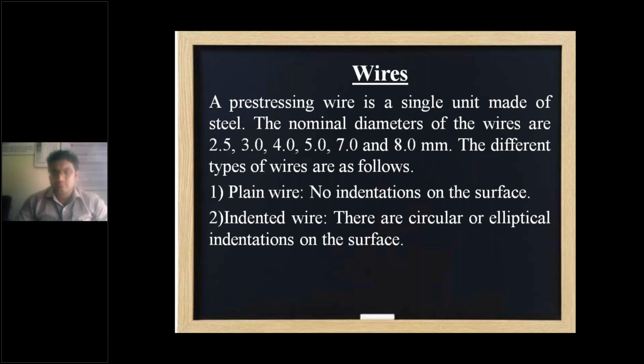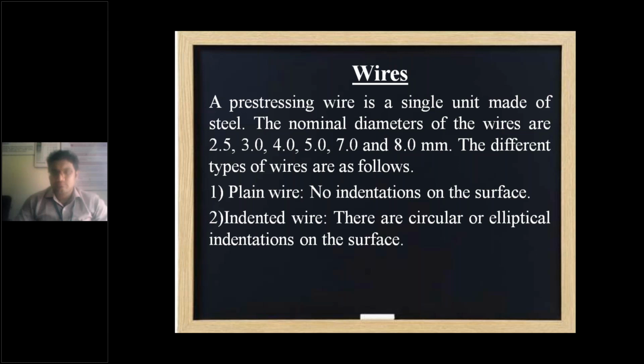Here you are going to use a plain wire. If you look at reinforcement rod in RCC, it is a threaded rod, right? It has threading on it. Why? To have a good bond between concrete and steel. That is the reason your reinforcement will have that kind of spiral on the circumference. But here for wire you don't need any kind of threading. Why?